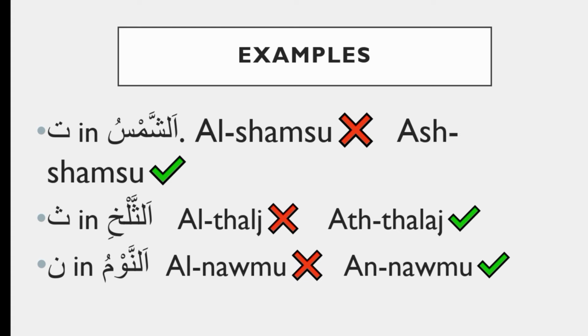That means you can't have two different letters, or even the same letter, having sukun beside each other at the same time. For example, let's say we have lam sukun, then we have shin sukun. There is no way you can pronounce that.